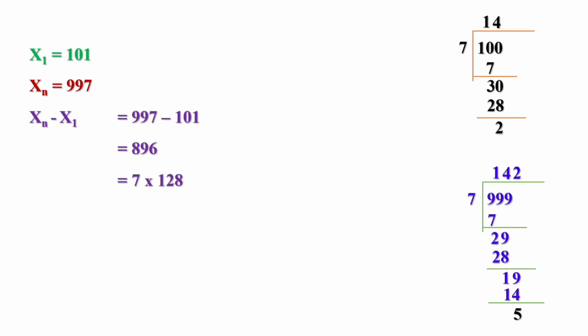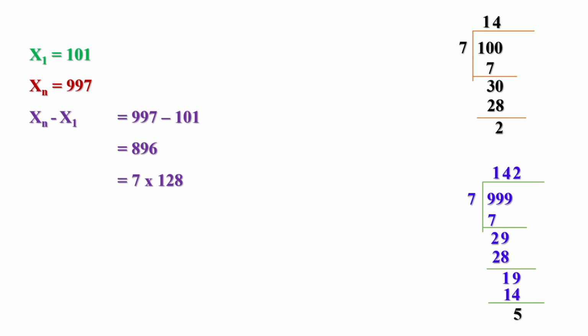And since we have found the difference between the first and last terms, surely it must be a multiple of 7, or a multiple of the common difference. Now what does it mean? The difference between last term and first term is 128 times common difference. That means when you add 128 times common difference to the first term, you will get the last term.